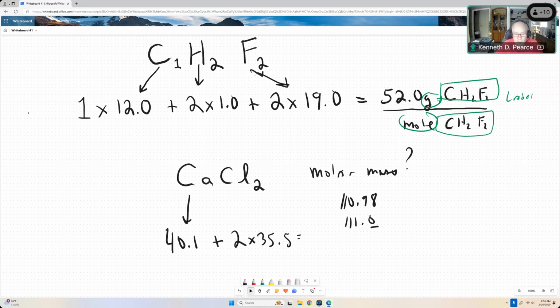And remember, your number may differ a little bit. If you go out further than 1 decimal, you may be a little bit different from what I get, and that's going to be okay. So 40.1 plus 2 times 35.5, and I get 111.1.